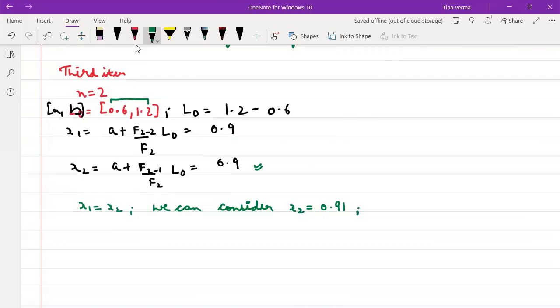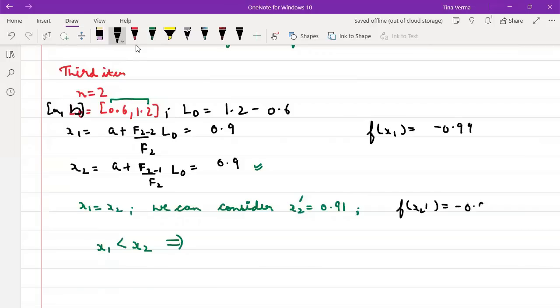So that means at x2, this is my x2 dash, my x2 is 0.91, and your x1 is less than x2. Implies फंक्शन की वैल्यू इस पॉइंट पे आपकी आ रही है, this is coming out to be your minus 0.99, and at this point f(x2 dash) is coming out to be 0.981. So that means function value at x1 is also less than function value at x2.